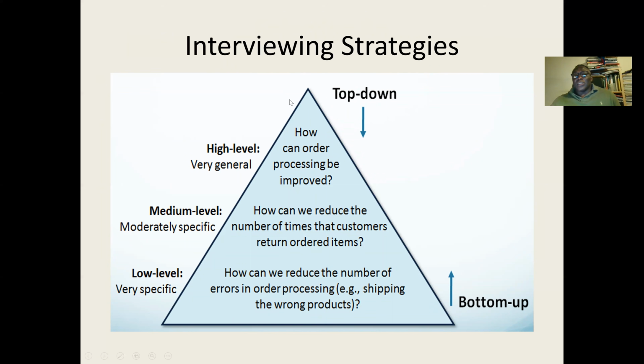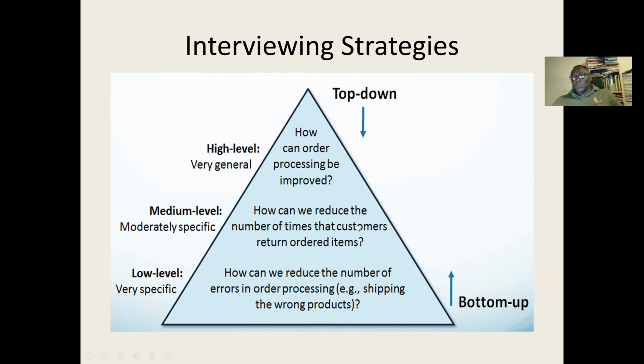Now the interview strategy can be top-down, as we said, or bottom-up. So for top-down, we go from how can order processing be improved? How can we reduce the number of times customers return order items? And how can we reduce the number of errors in processing the items? So you can see that top-down means we start with the highest level, then we go into detail a little bit.